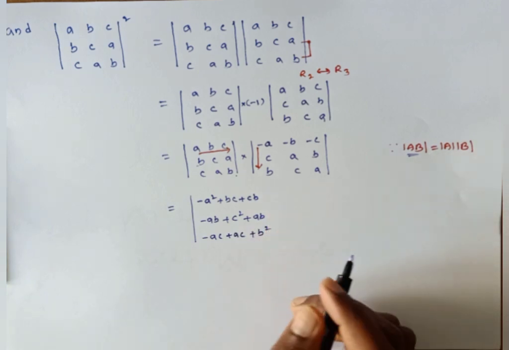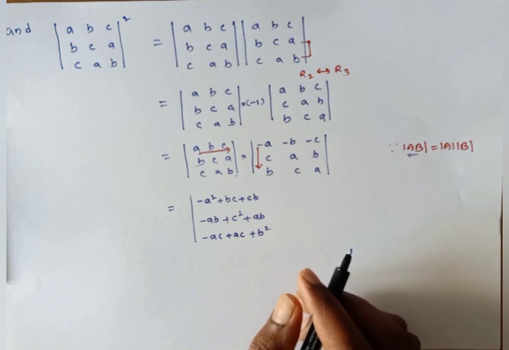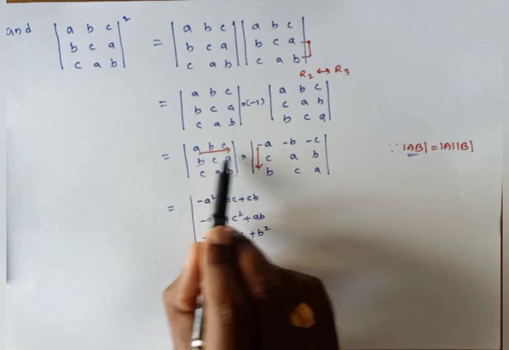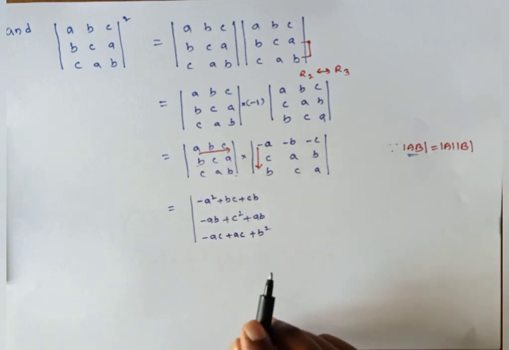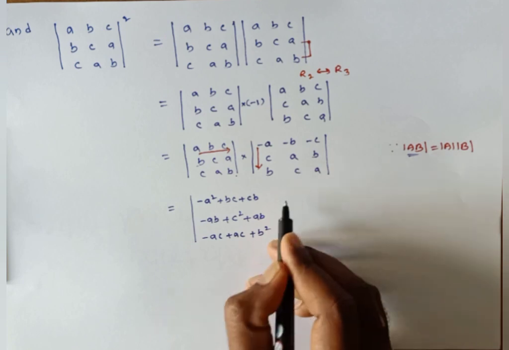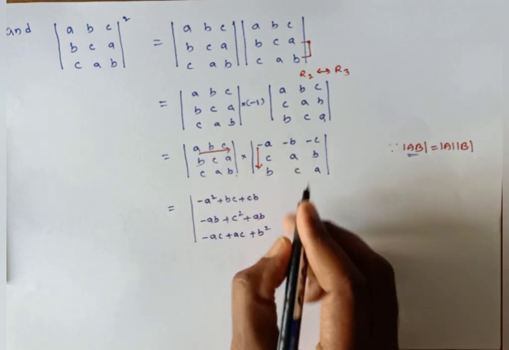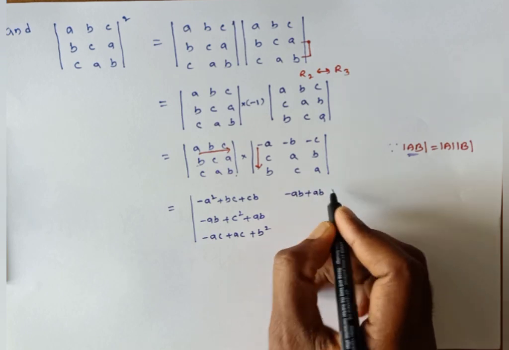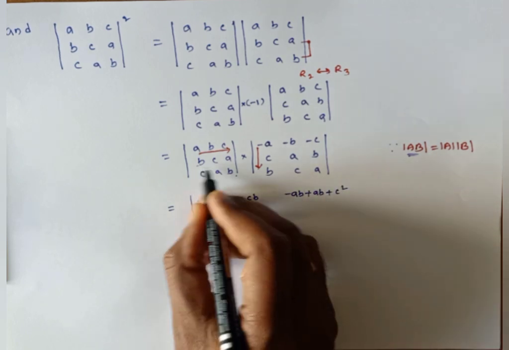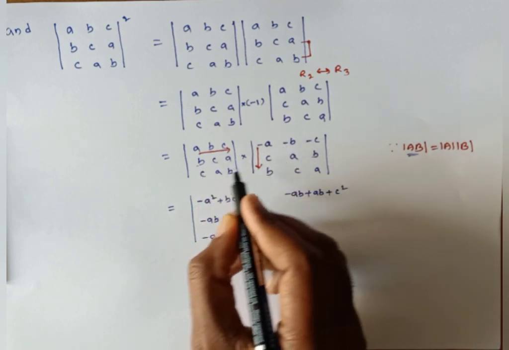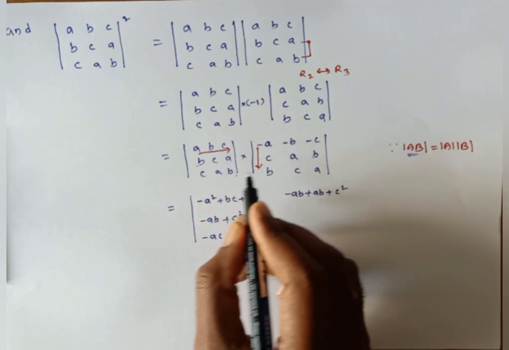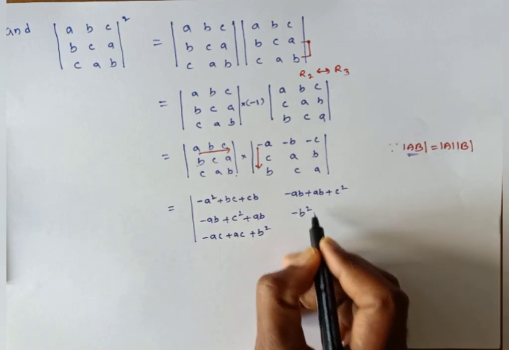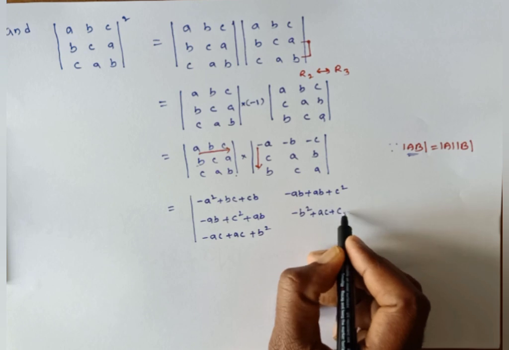Next, to get the second column elements of the resultant, we multiply these rows with the second column. This row with this column gives a into minus b, minus ab plus ab plus c square. This row with the same column, b into minus b, minus b square, c into a, ca and ca, so it is minus b square plus ac plus ca.